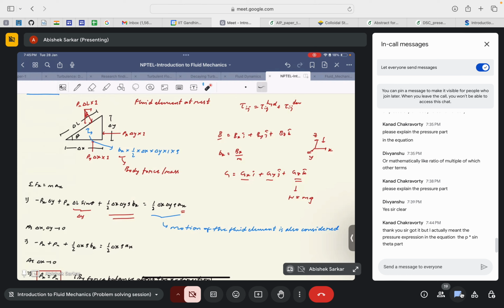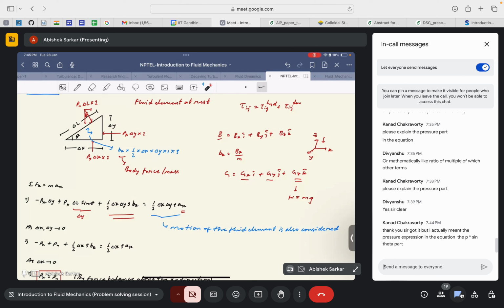Along the x direction we have px into delta y into 1. We can disregard 1, which is basically the width along this direction, for simplification of the calculations. So it is minus px into delta y, the length of this area. Along the y direction there is no contribution in the x direction, so we can disregard this part.